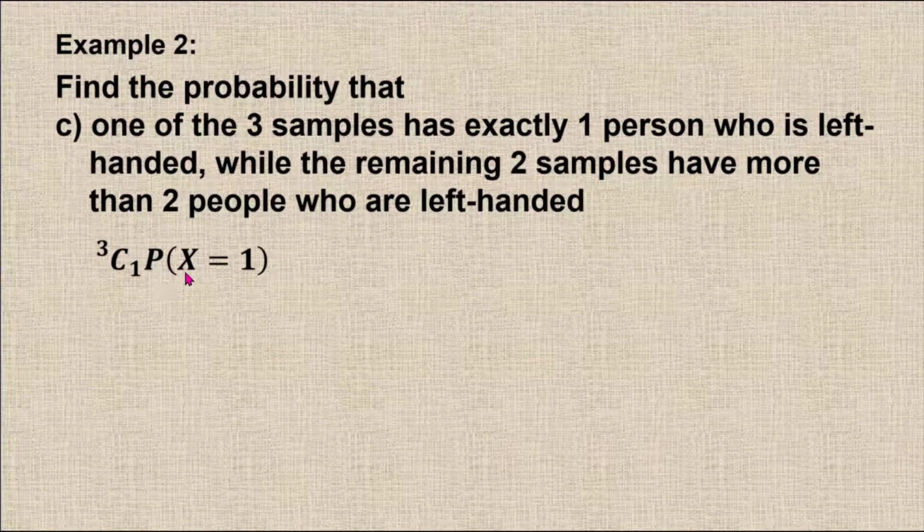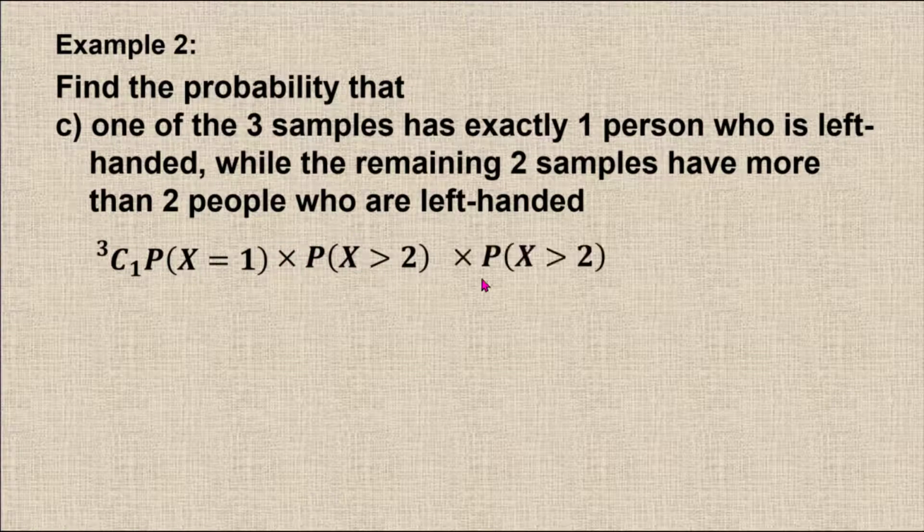And this sample has 1 person who is left-handed, and the remaining 2 samples have more than 2 people who are left-handed, which means that the second sample has more than 2 people who are left-handed, and the third sample also has more than 2 people who are left-handed.